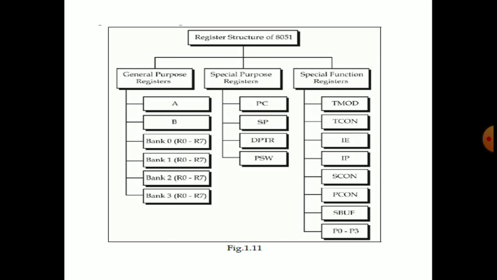And if you pop, that means you take out the data from the stack, it will be decremented by 1. So that is what the stack pointer does. It will point to the top of the stack. And DPTR, the data pointer register, will point to the external memories. If you want to fetch data from the external memories, it is a 16-bit pointer.